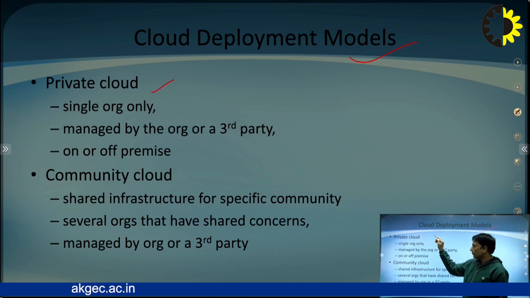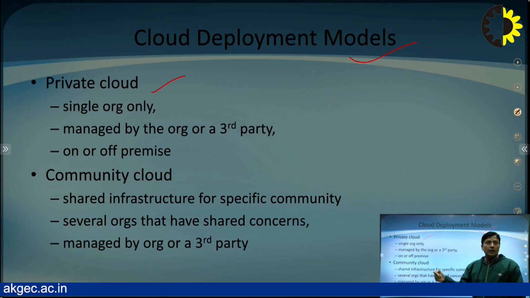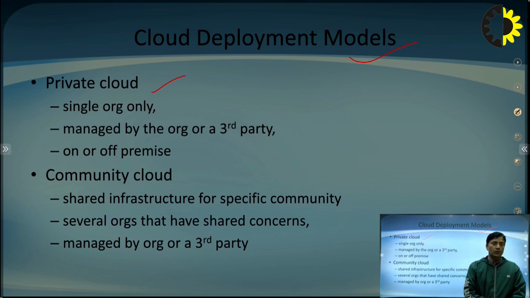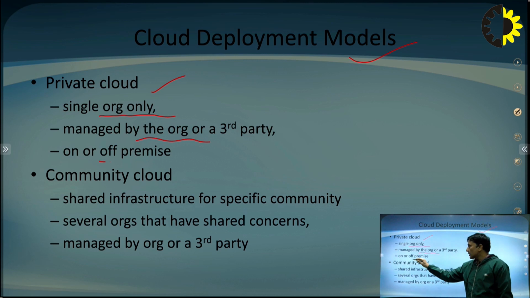Private cloud: if you, as a consumer, want a more secure cloud, then you should go for the private cloud. It is for a single organization only, used by the single organization, managed by the organization or maybe by a third party hired by the organization, and it may reside on campus or off campus.